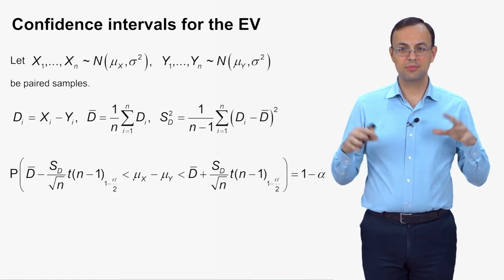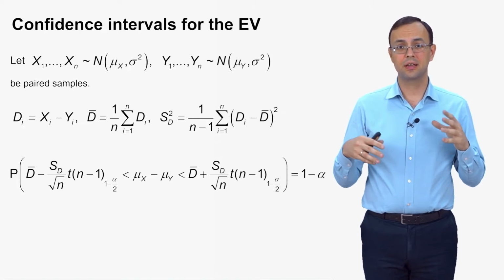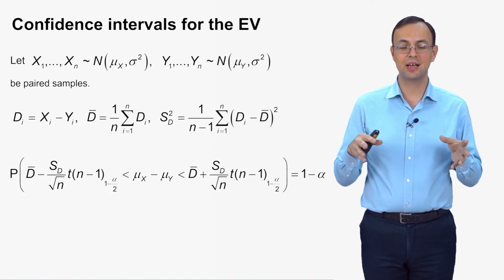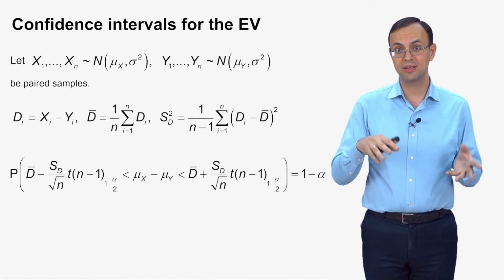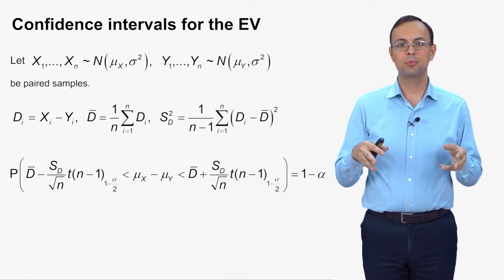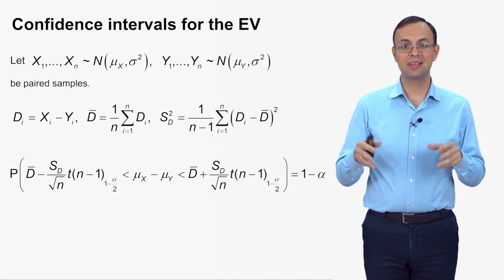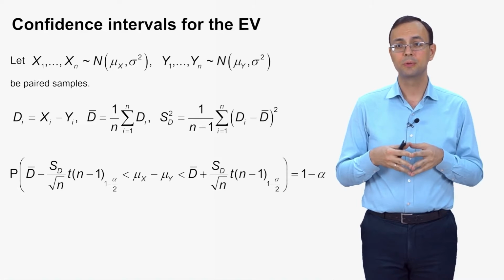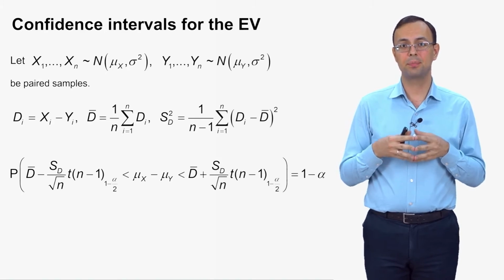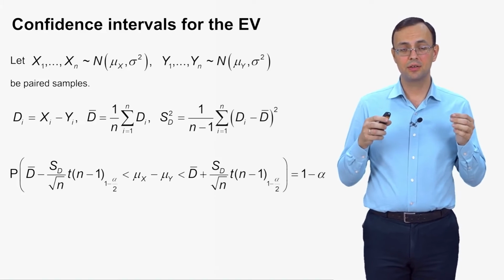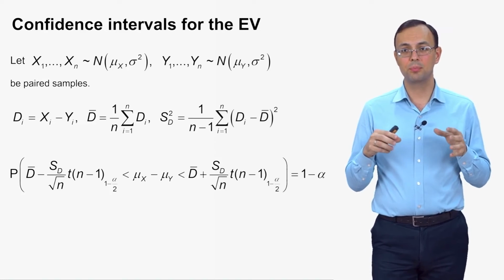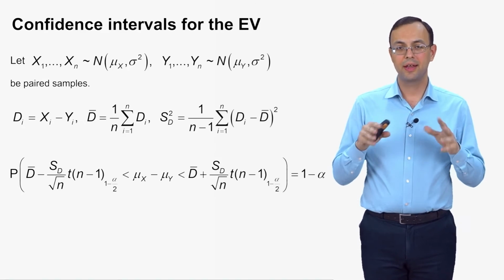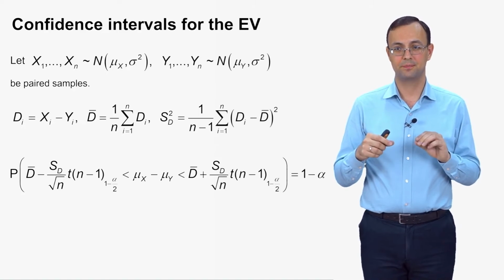Or some sportsmen tried a new training program to improve their results, and x's are results of these sportsmen before completing the training program, and y's are the results of the same sportsmen after completing it. So paired samples are actually observations of the same value for the same objects, but under different conditions.